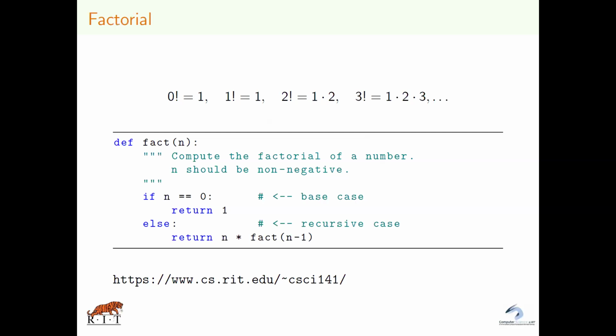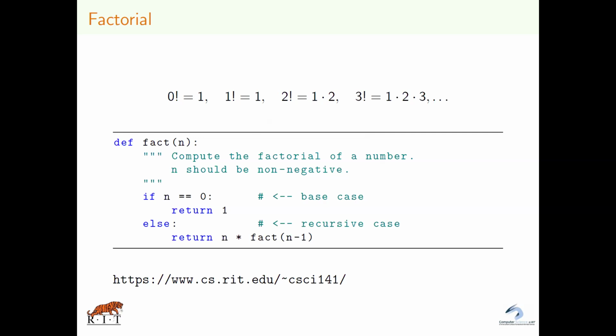Factorial is the product of all previous integers. By definition, we set factorial of 0 to 1. And let's write this.